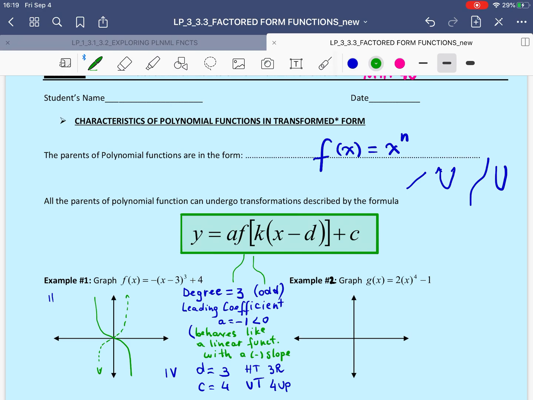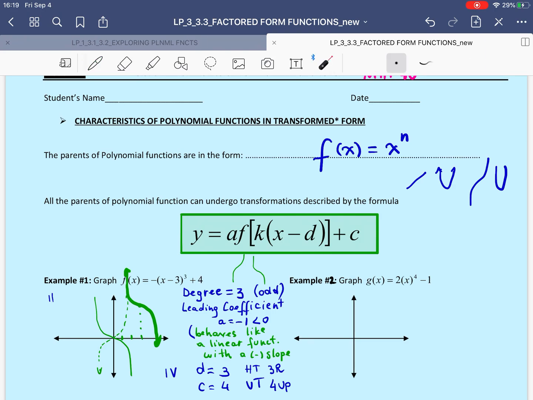And because we have a translation 3 to the right and 4 up, which will practically be 1, 2, 3, 1, 2, 3, 4, so somewhere in here, then this point here, which is the x and the y intercept of this function, will move also 3 to the right and 4 up, and that will make the graph appear a little higher here. Okay, so this will be the graph of f(x).